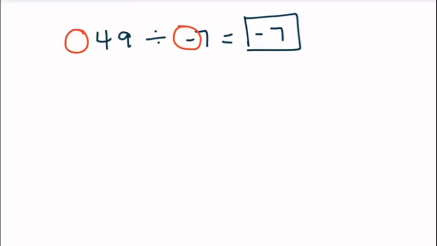How about 45 divided by 5? As I mentioned earlier, you don't need to write in positive signs when you're doing actual math. So these are both positive integers, and that would result in a positive answer. So our answer here is just positive 9.